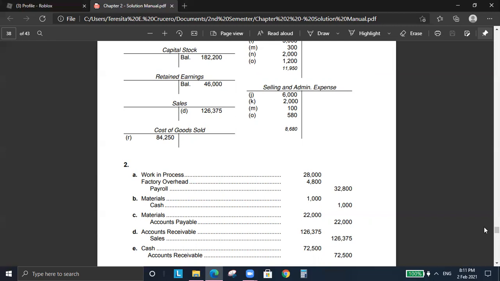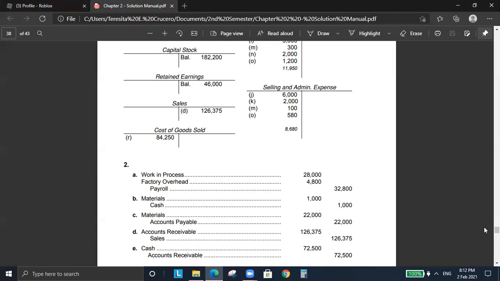So for letter C, we now debit materials for a total of 22,000. That's taken by adding 8,800 plus 10,200 plus 3,000. So debit materials 22,000 and credit accounts payable.